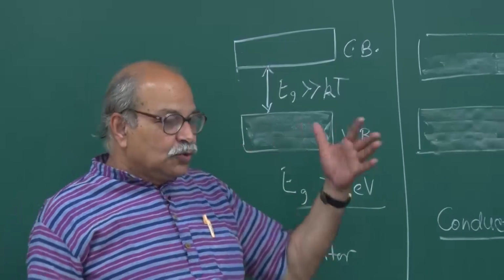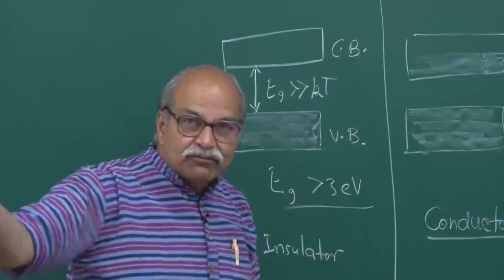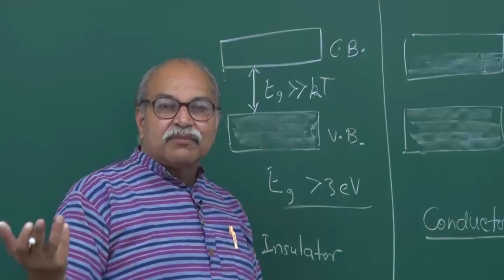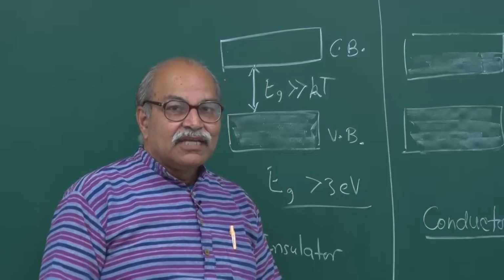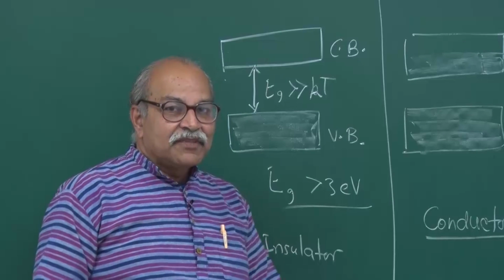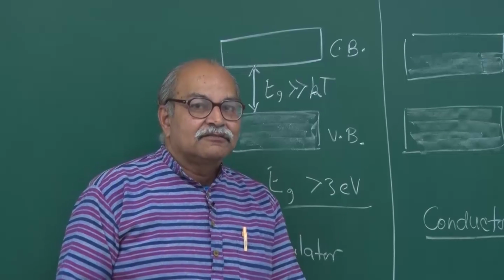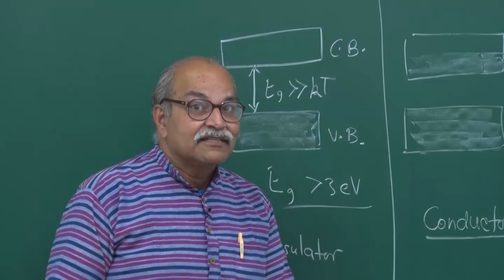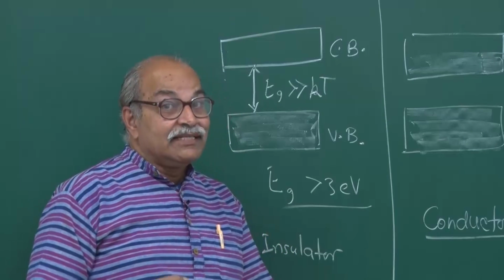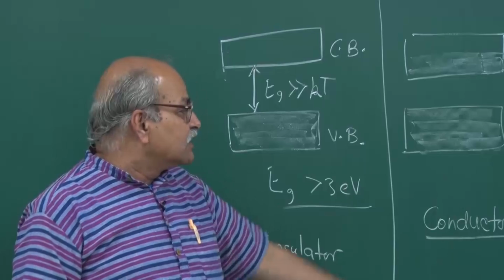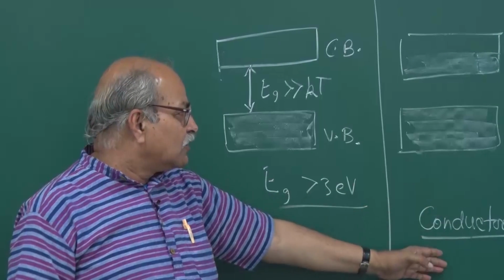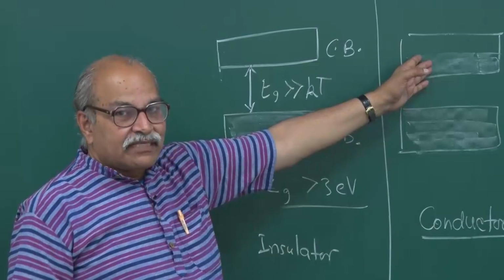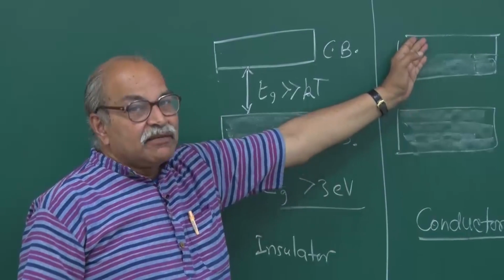Because when you try to pass current through the material, you essentially apply an electric field by whatever connecting battery or so. And once you apply the electric field, that electric field tries to give kinetic energy to these electrons. These electrons are going to accept that energy, since the quantum states are available.